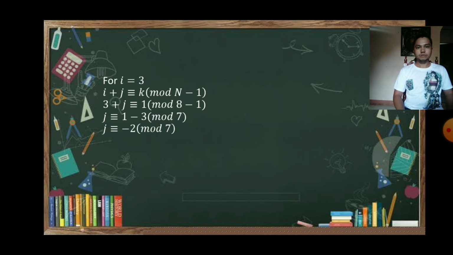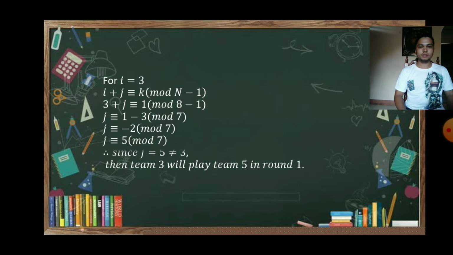Next, we get j is congruent to negative 2 mod 7. And then, our final answer is j is congruent to 5 mod 7. Therefore, since j equals 5 is not equal to 3, team 3 will play team 5 in round 1.